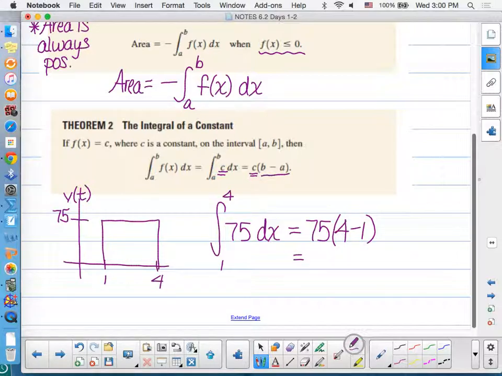So I'd be looking at 75 times 3, 225, and then throw a unit on there that's representing what this is. In this case, if this were miles per hour and hours, then my unit would just be miles. And because all of my rectangles are representing positive travel, then all of those miles add up to that.